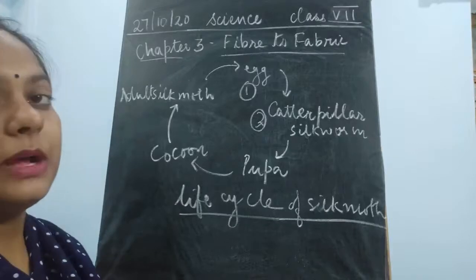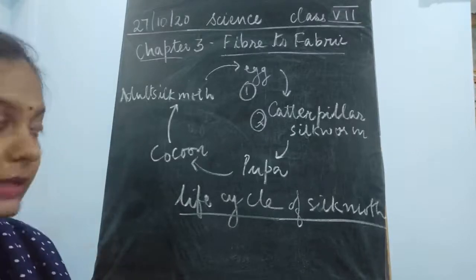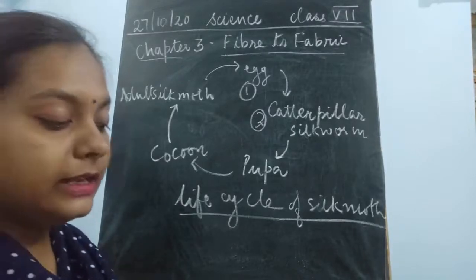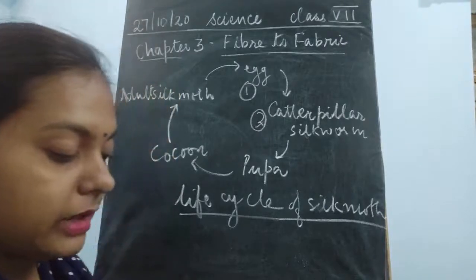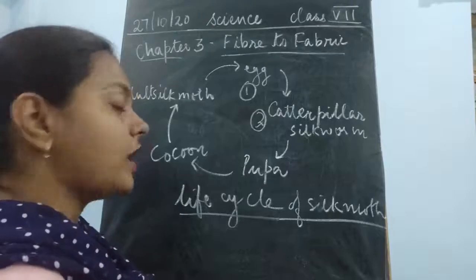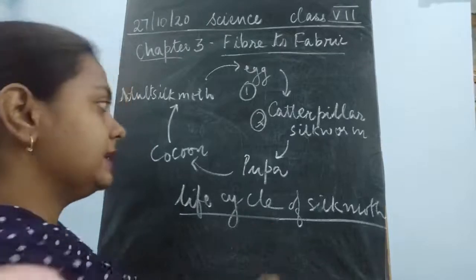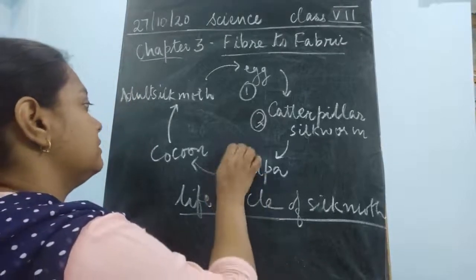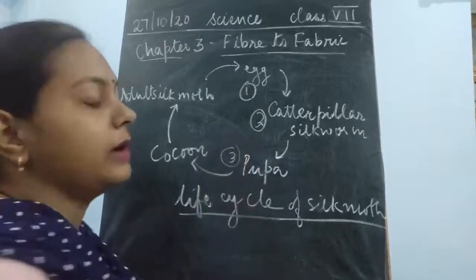After they grow to three to four times their size, they stop eating. Once they stop eating, they enter the third stage, called the pupa.